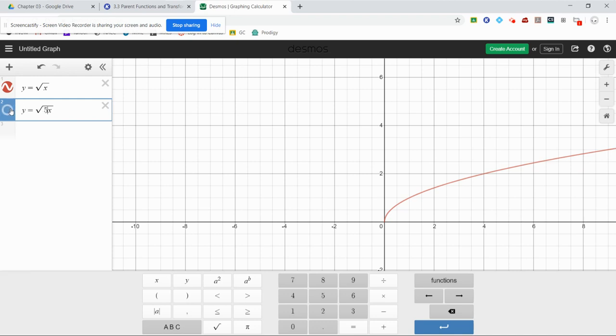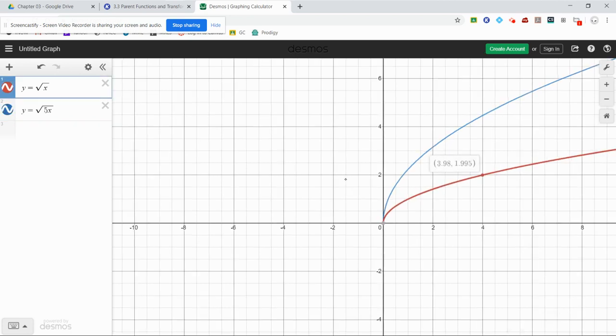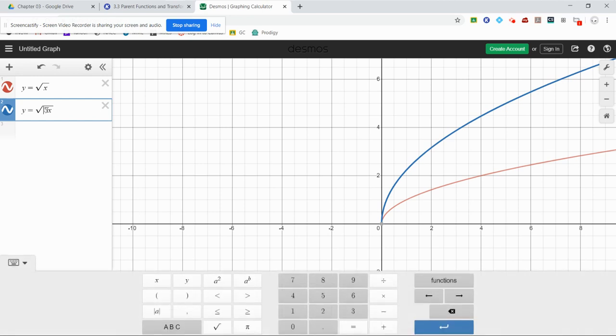It's going to compress it horizontally by 1/5. So what used to be here is now 1/5 of the way back here. What used to be at 4 is now at 1/5 of that, which is 4/5. So a 5 is going to compress it horizontally by 1/5.